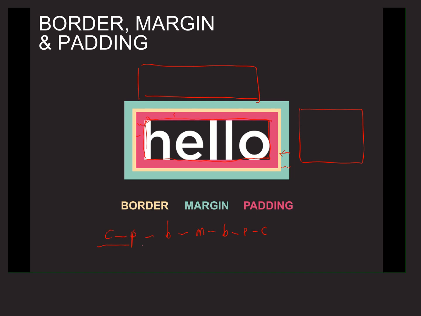So this is the framework, the model. BPC defines a unit, and then BPC defines another unit, and then we add a margin in between. So border separates different units, different items, and padding separates the border and the item's content.